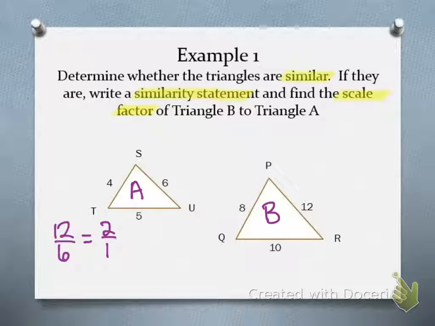We do the next longest side of triangle B, 10, over the next longest side of triangle A, 5. Also becomes 2/1. Finally, we have to match up the shortest sides. What are those? 8 and 4, and that reduces to 2/1.